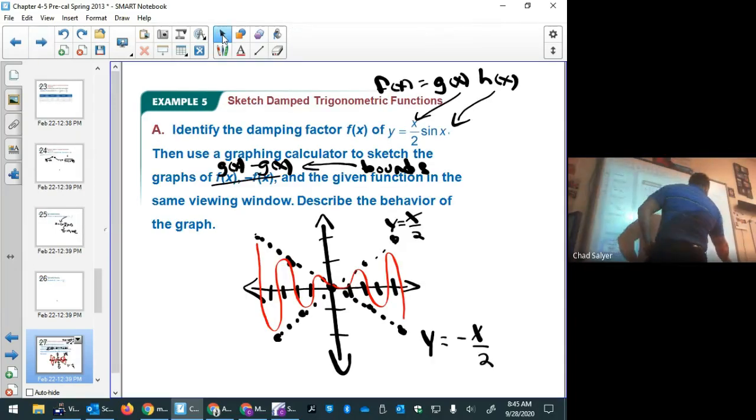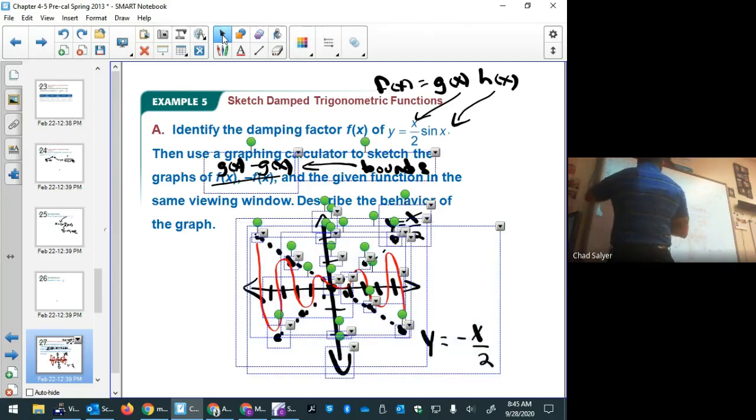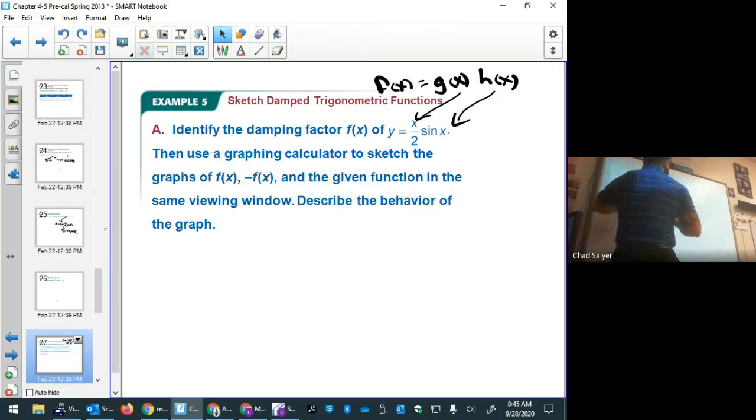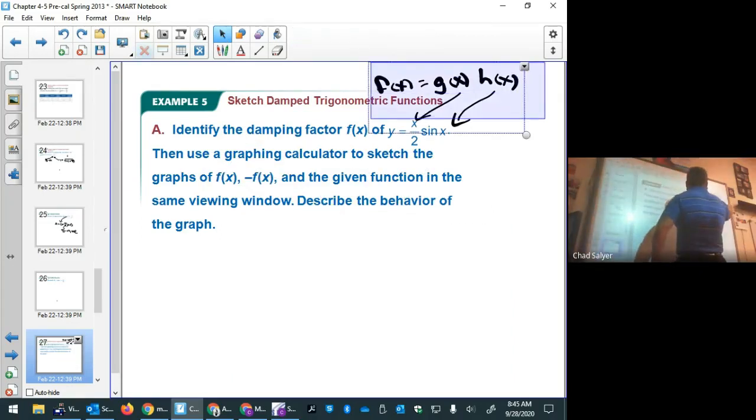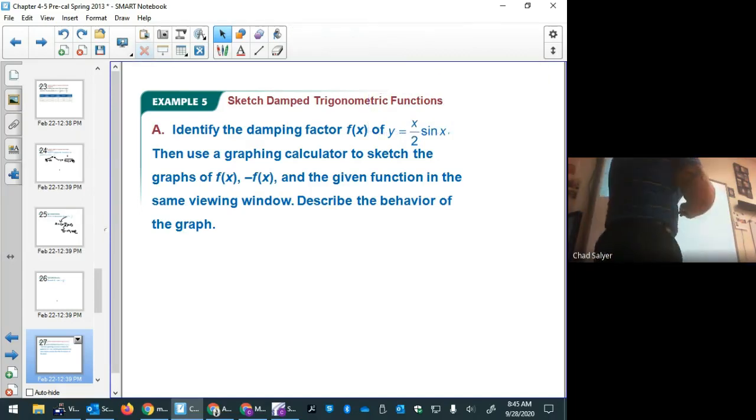Now let's talk about this dampened trig function business. These are kind of fun. They're really interesting graphs, as I mentioned earlier. So we're going to talk about y equals x over 2 times sine of x.